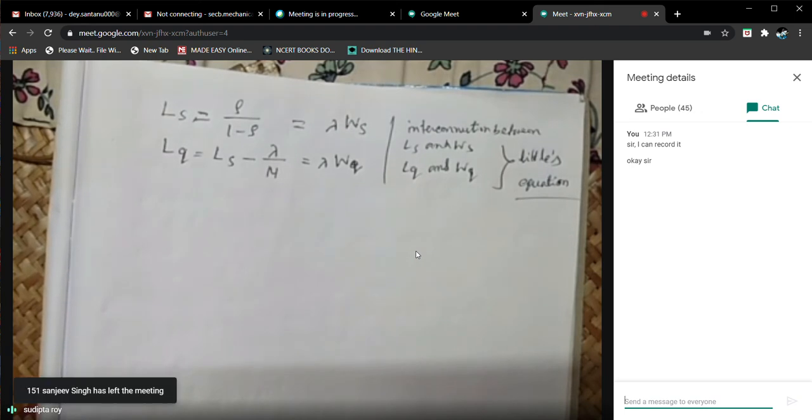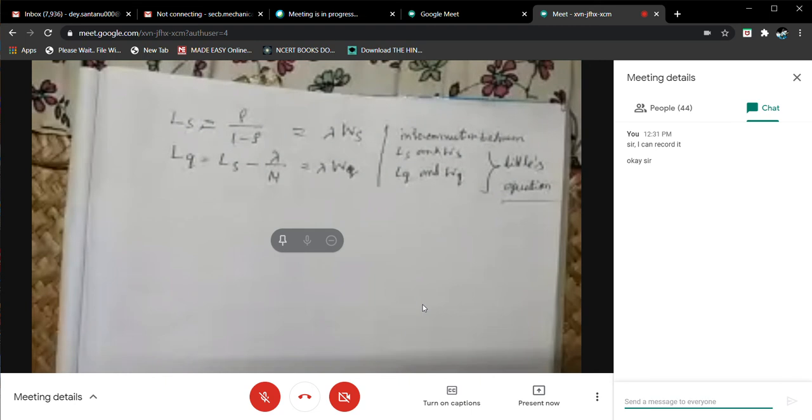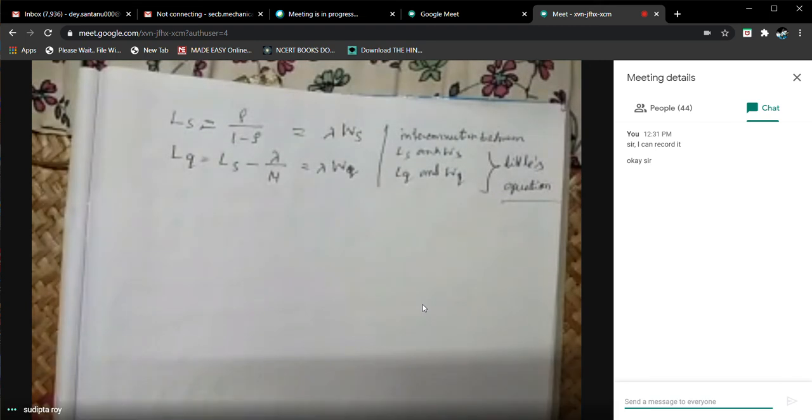Okay, so whenever a customer tries to be engaged in a line or in a service center, the first thing he will take interest in is how long the line is. That means the total number of people in the system. System means people in queue plus people getting serviced.